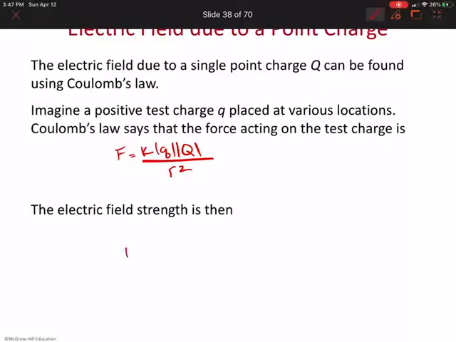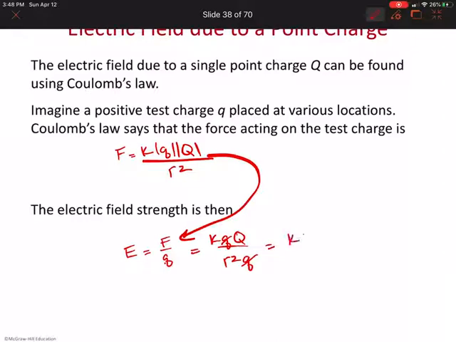And basically the whole purpose of this is really just to find what the electric field is at that certain point. Okay? So if I take this Coulomb's law right there and I plug it in for that force, so I've got all these things and I'm still keeping Q on the bottom here. Well, look what happens to one of these.